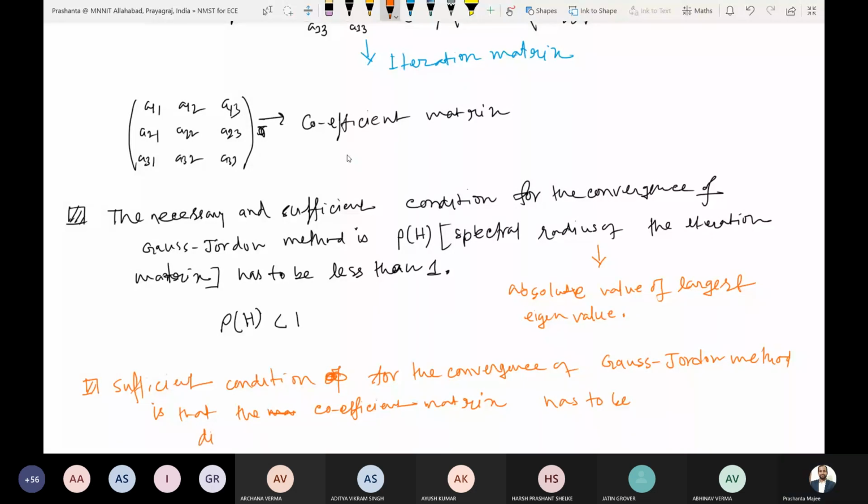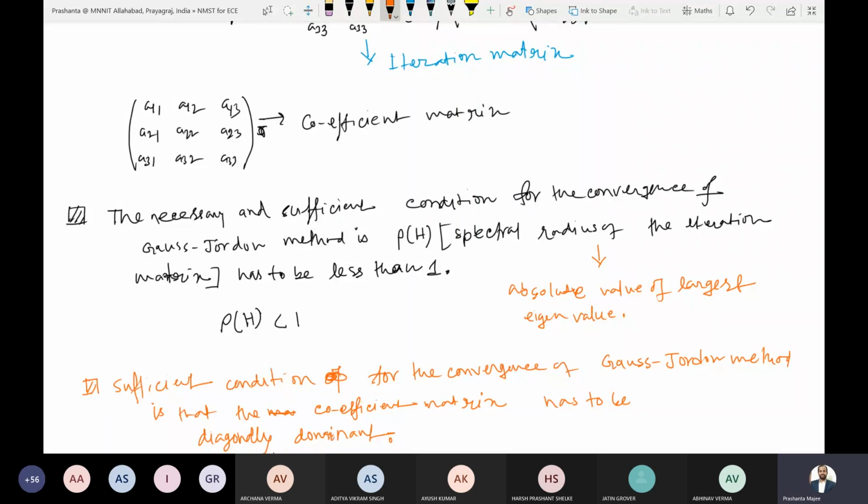Diagonally dominant. What is the meaning of diagonally dominant?